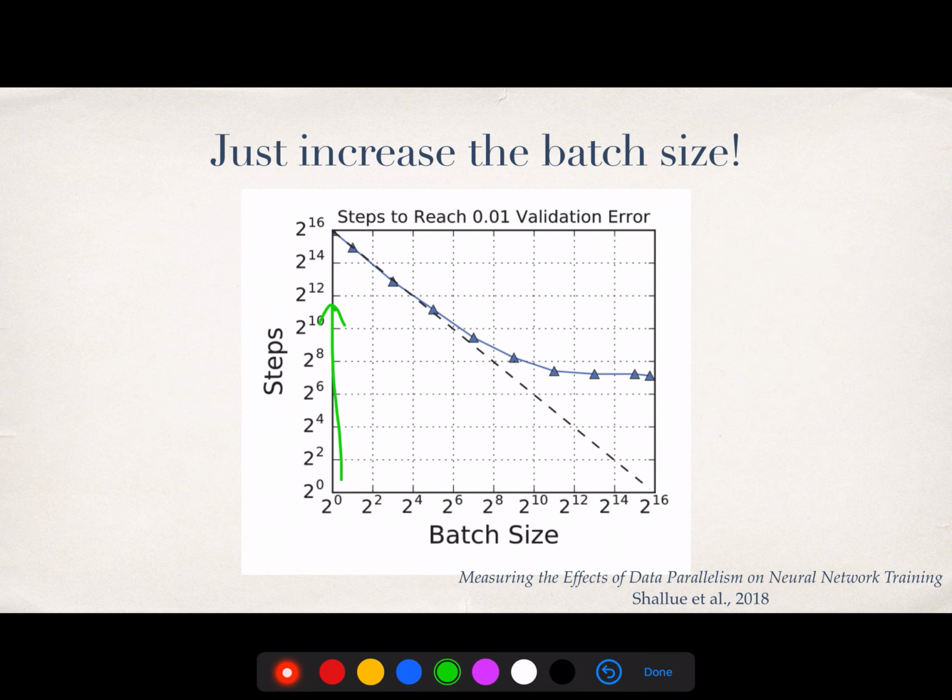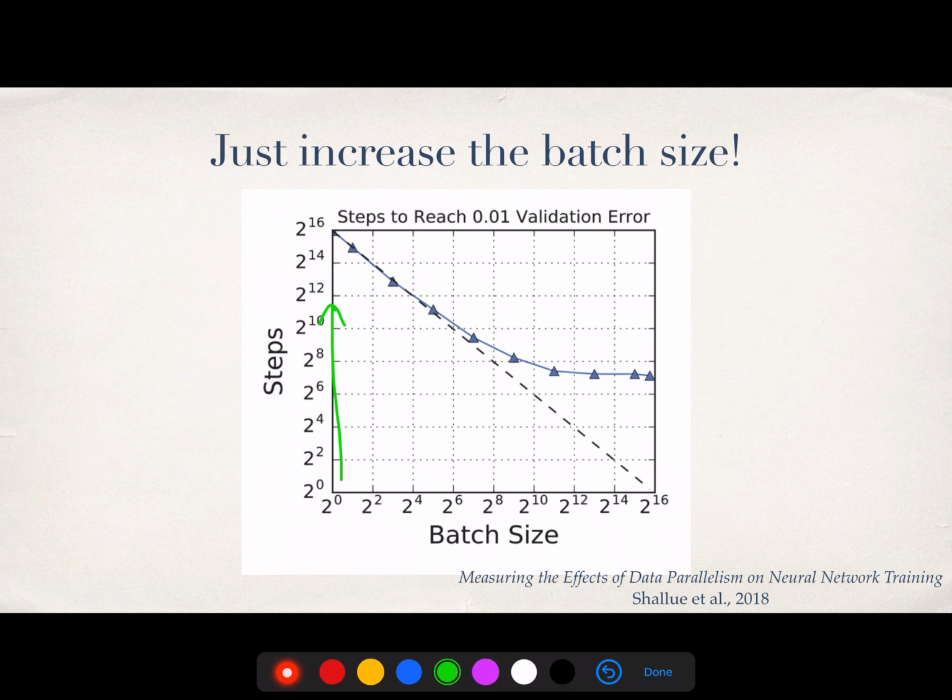How many steps do I need for that? And the step here is just that every machine does its local batch, which is, for example, one data point. But then I have this many machines globally.